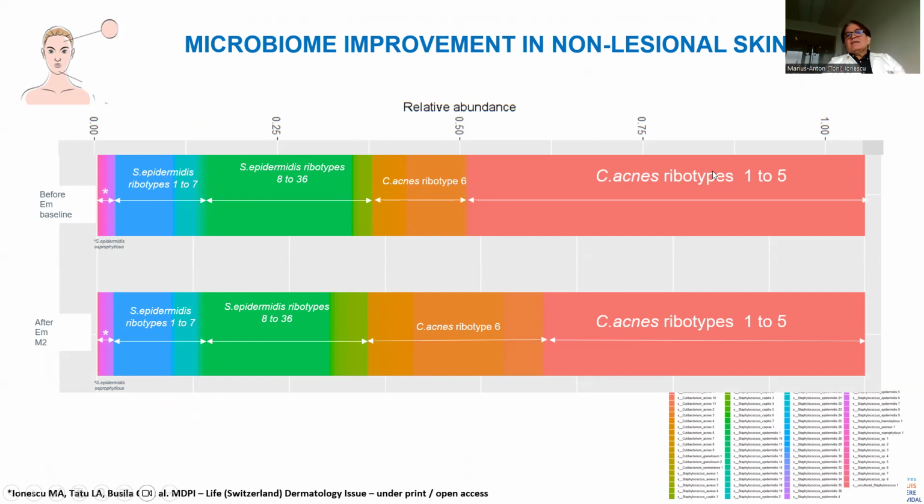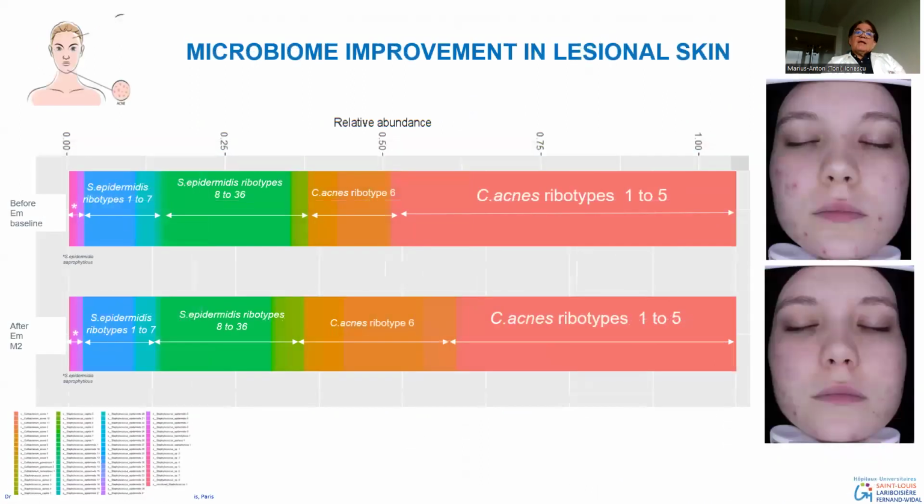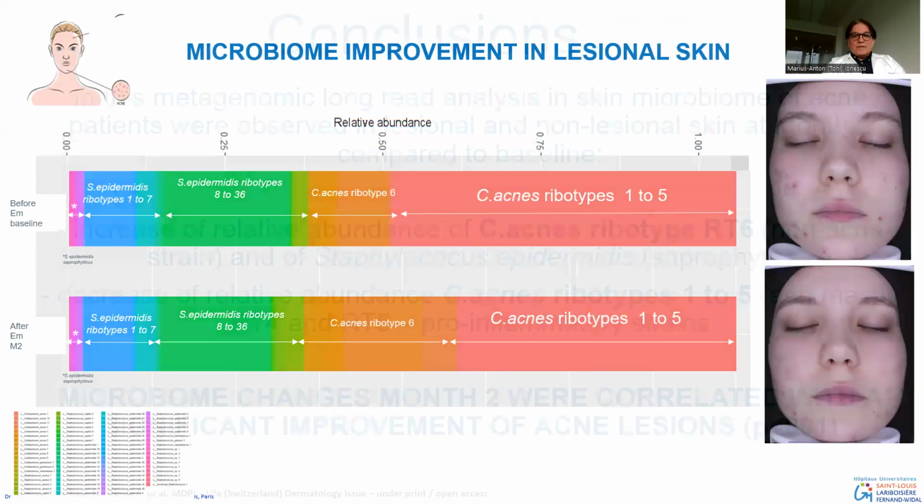Vice versa, the more aggressive C. acnes ribotypes, among them 4 and 5, were more numerous even in non-lesional skin than in lesional skin. And these results were even easier to see in the significance of the increase of ribotypes 6, which are non-acne strain, saprophyte, and of the decrease at the end of the study of the pro-acne, more inflammatory ribotypes.